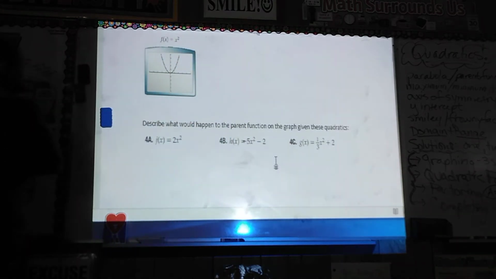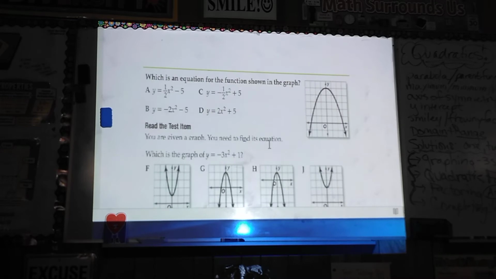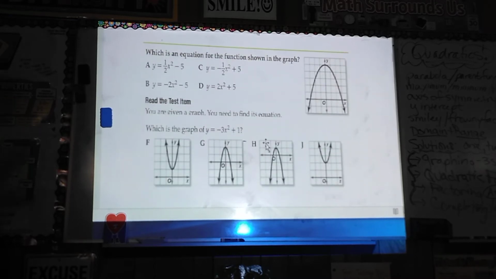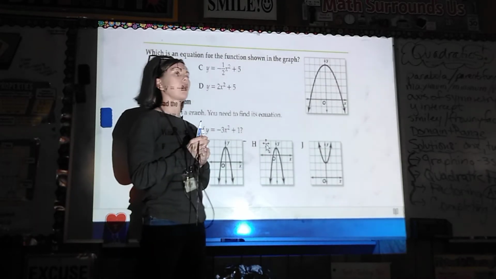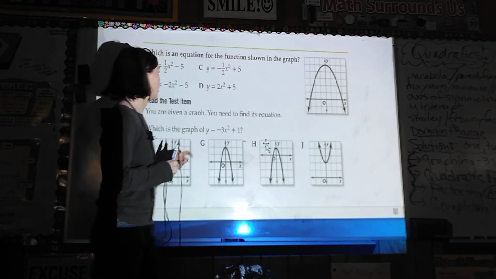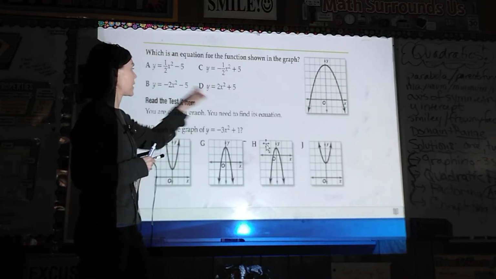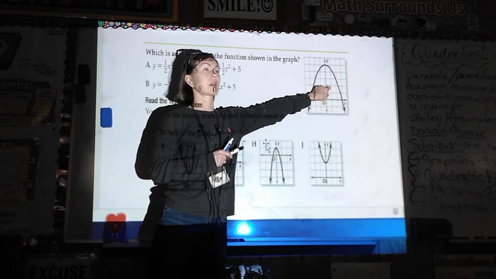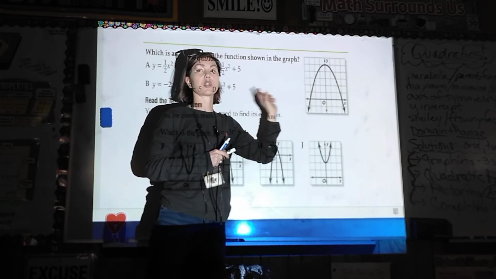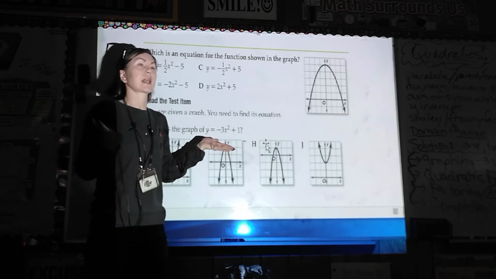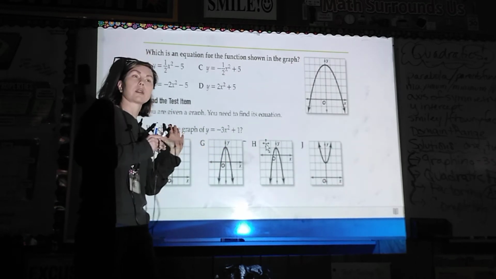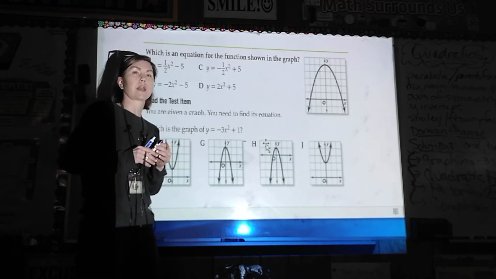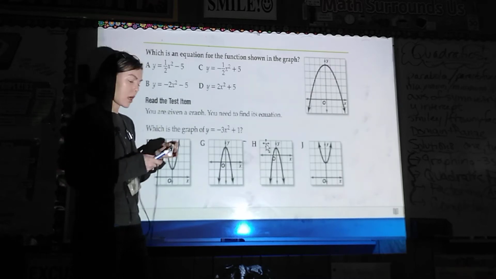Okay, one more transformation we need to learn, you guys. But you know what? Let's have some EOC practice. So, Josh, which one of these functions represents what you see here? Everyone should be looking. Again, no math. We're just looking and vocabulary and knowing. Well, let me ask you this.